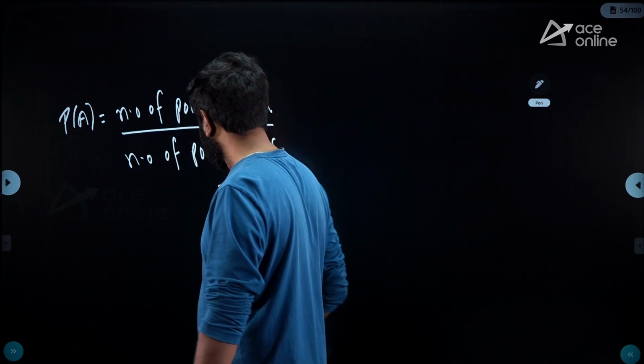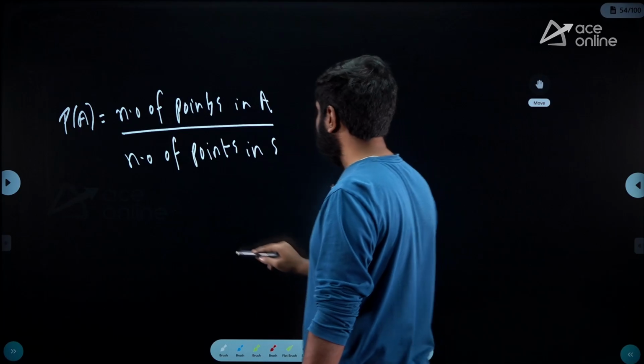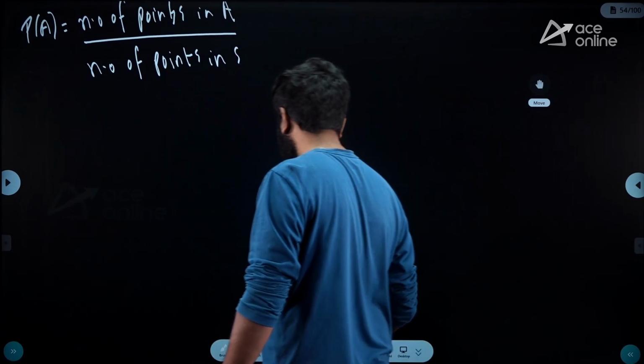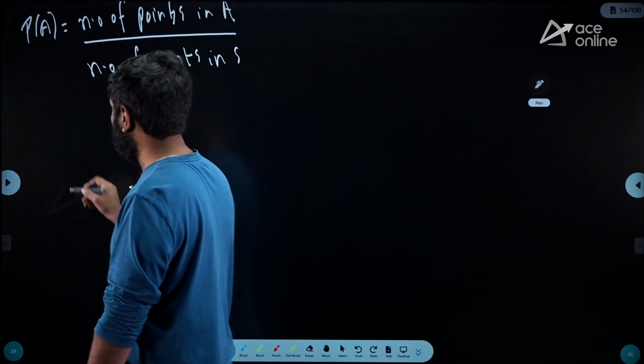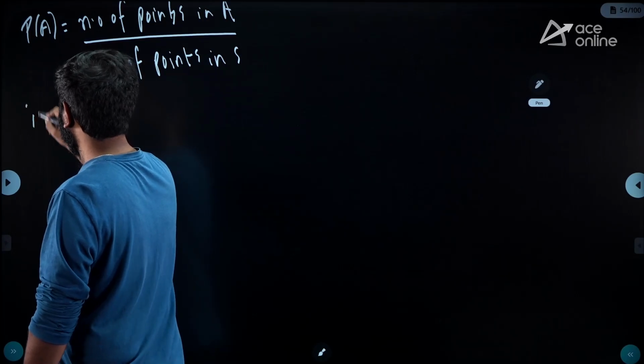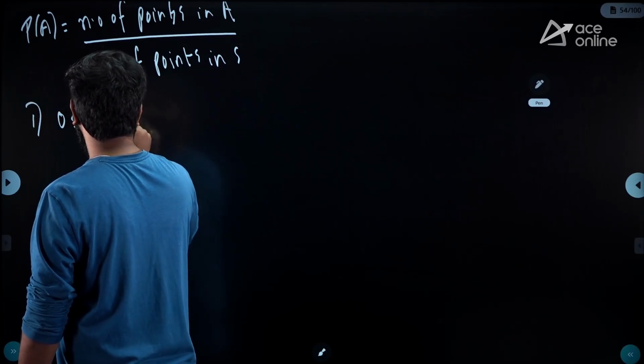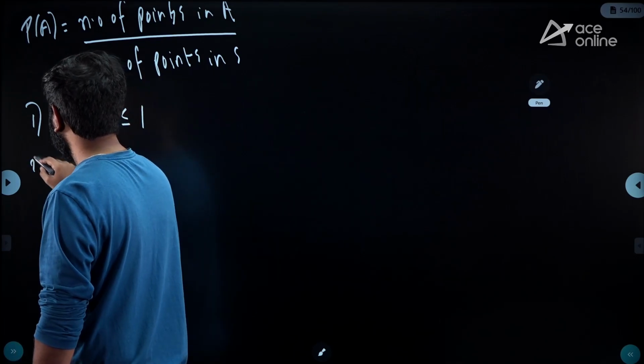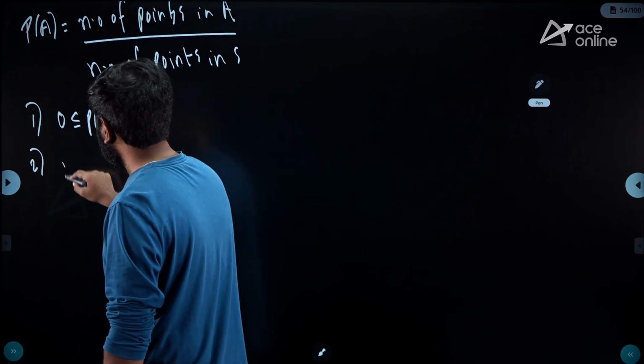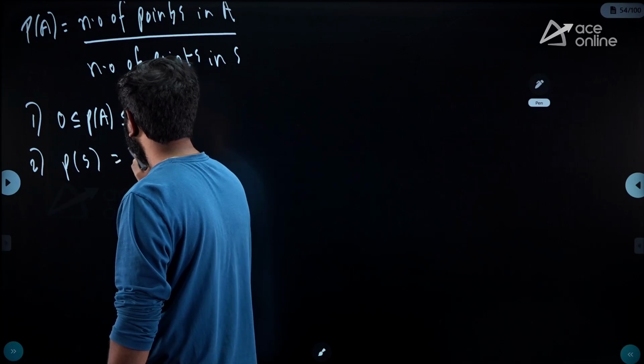Now, this has certain standard results, like we say axioms. This P of A satisfies certain standard results. What are those standard results? The first one is 0 less than or equal to probability of A less than or equal to 1. The second one is the probability of the sample space is 1.